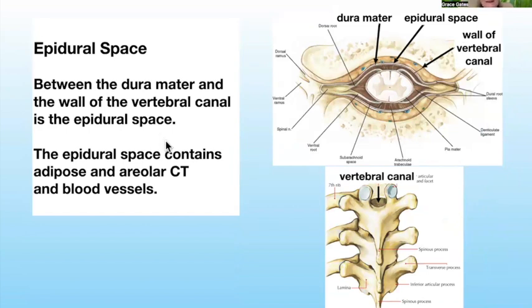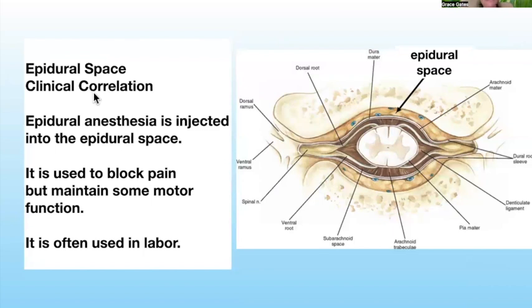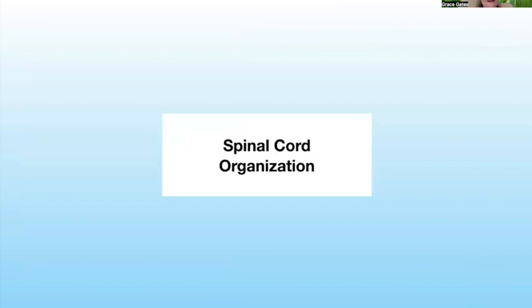The epidural space contains adipose connective tissue and areolar connective tissue and a lot of blood vessels. Epidural space clinical correlation. Epidural anesthesia is injected into the epidural space. It is used to block pain but maintain some motor function. Epidural anesthesia is often used in labor, and you will hear people say, "I had an epidural during my labor," meaning they had epidural anesthesia.